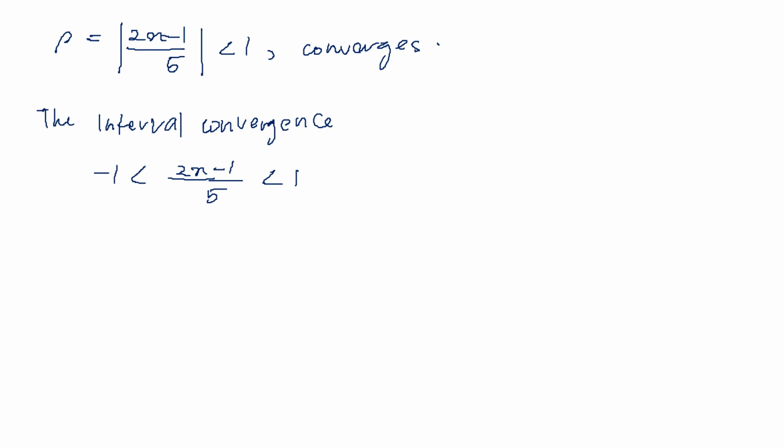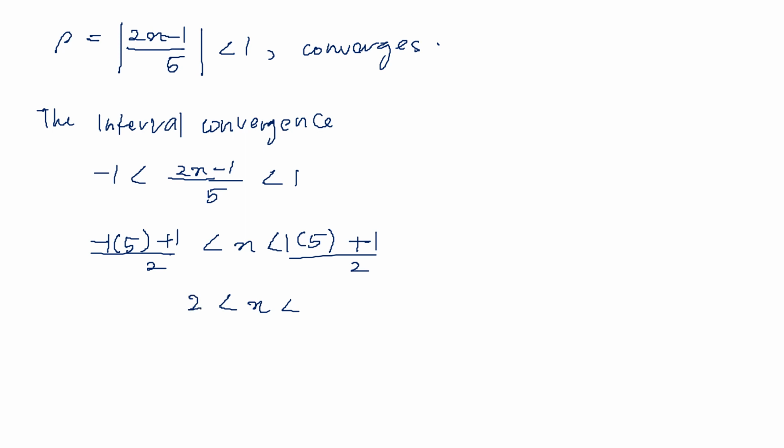So you will get (1 times 5 plus 1)/2 for the upper bound, and -5 plus 1 over 2, you will get -2 here, and then this one you will get 3. Okay, this is your interval of convergence.